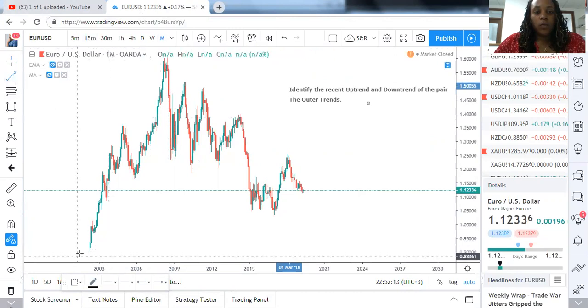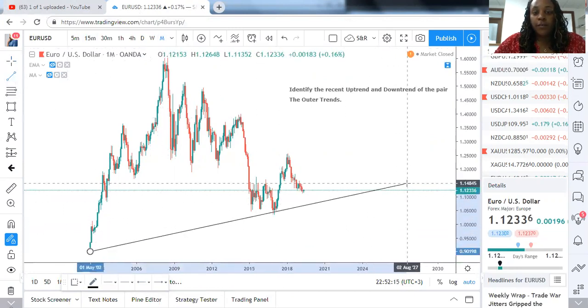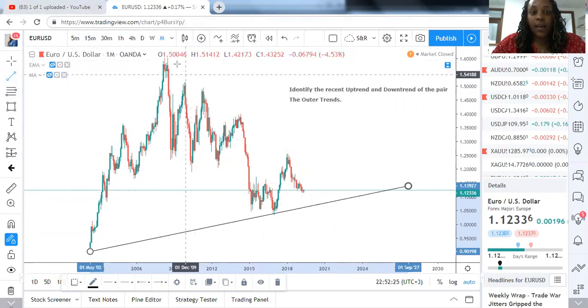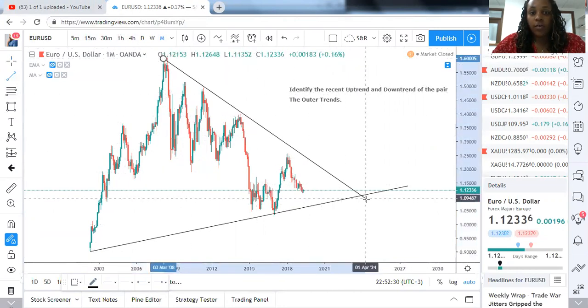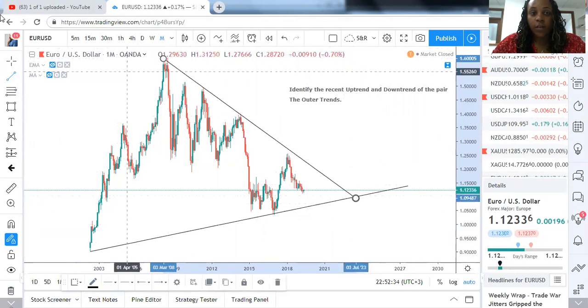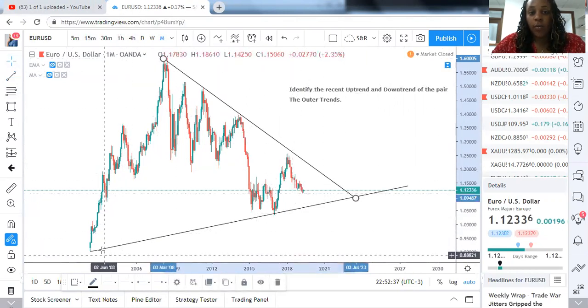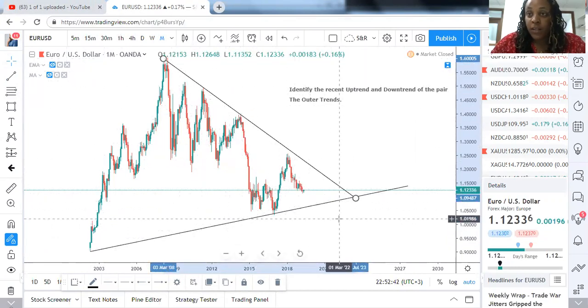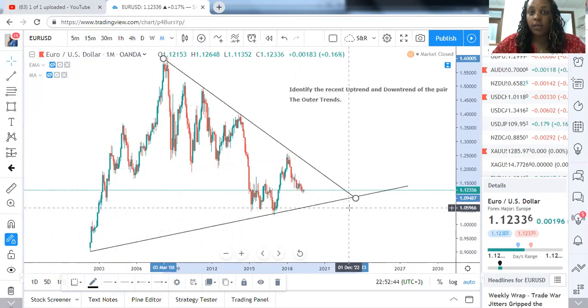Now, starting from the monthly time frame, what I tend to do, as I mentioned here, is that we want to identify the recent uptrends and downtrends of the pair, right? And what that does is that gives us the outer trends of this pair. So you can see here how we would have identified the uptrend and how we would have identified the downtrend as well, right? So this is obviously on a bigger scale.